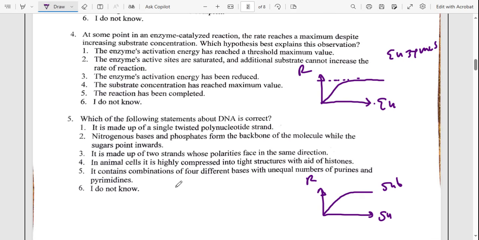For temperature as a factor, and pH, the graph is a bit different. You are going to still have rate on this side. Here we can have pH or temperature, it is the same. How these graphs go is like this. Here you can see when you increase the temperature or the pH, the rate of the reaction is increasing.